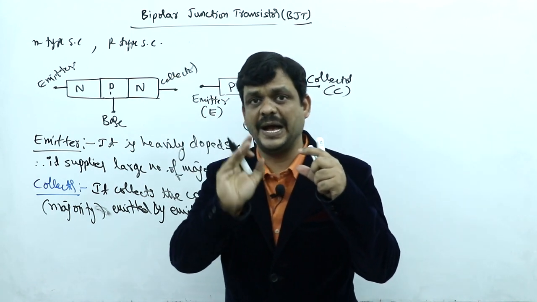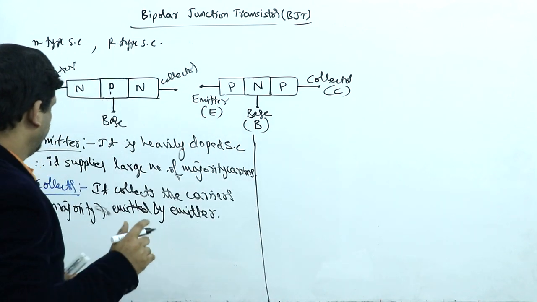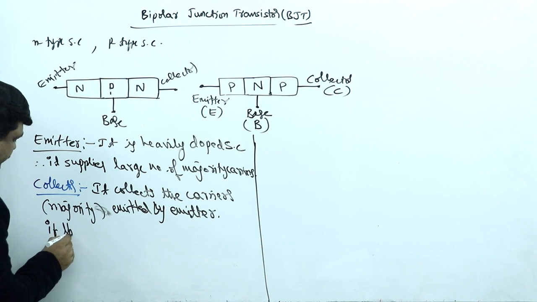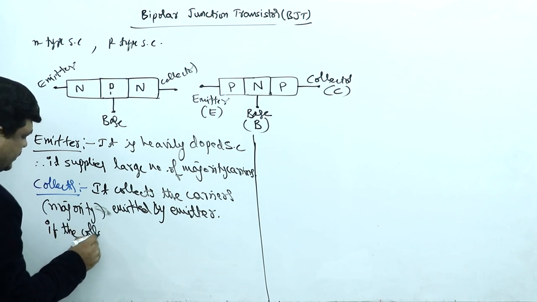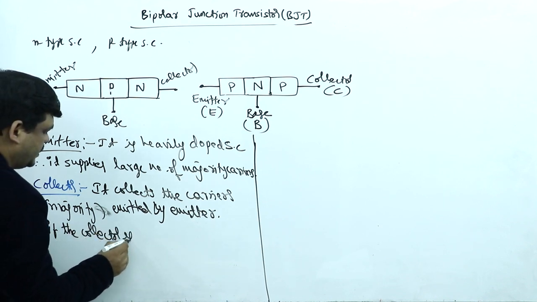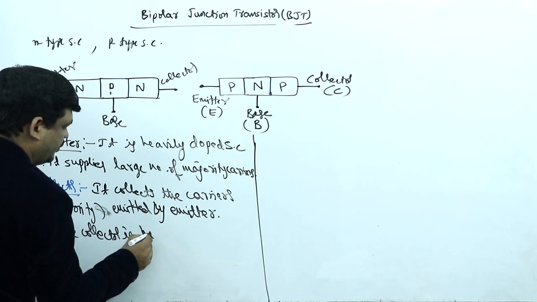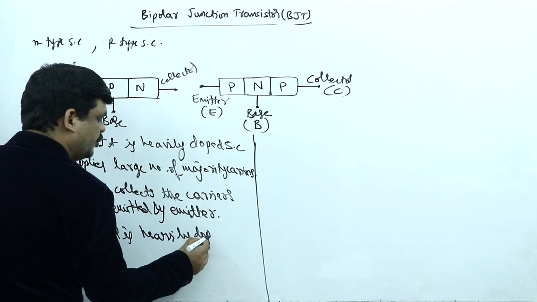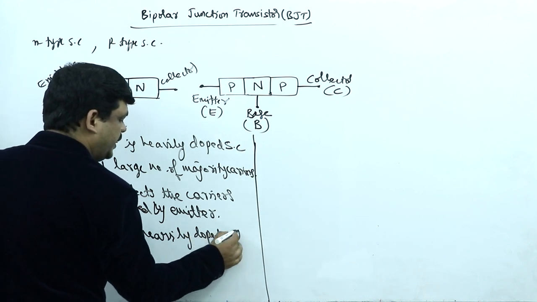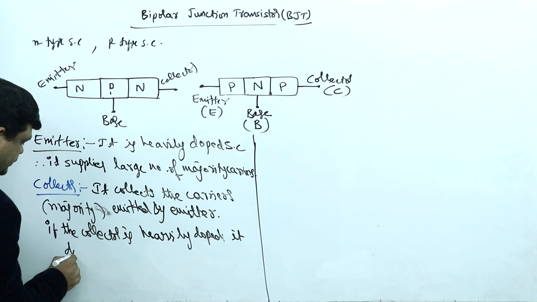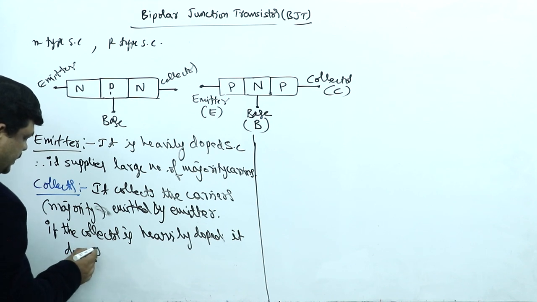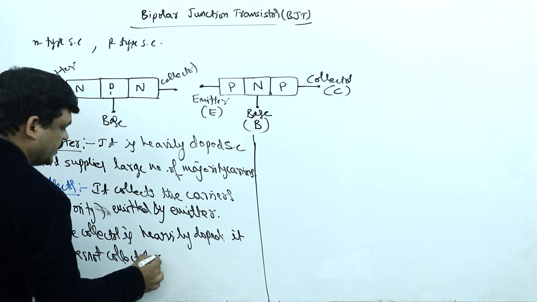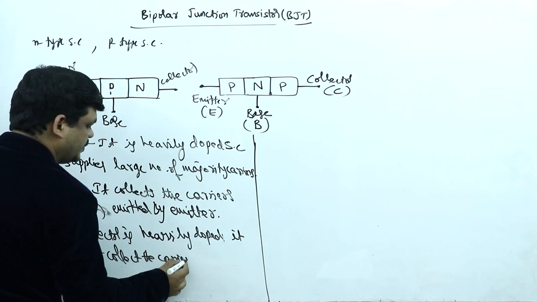That function is possible. So for this collector, I am writing a few points here. Please remember this point. If the collector is highly doped or heavily doped, it does not collect the carriers, right?